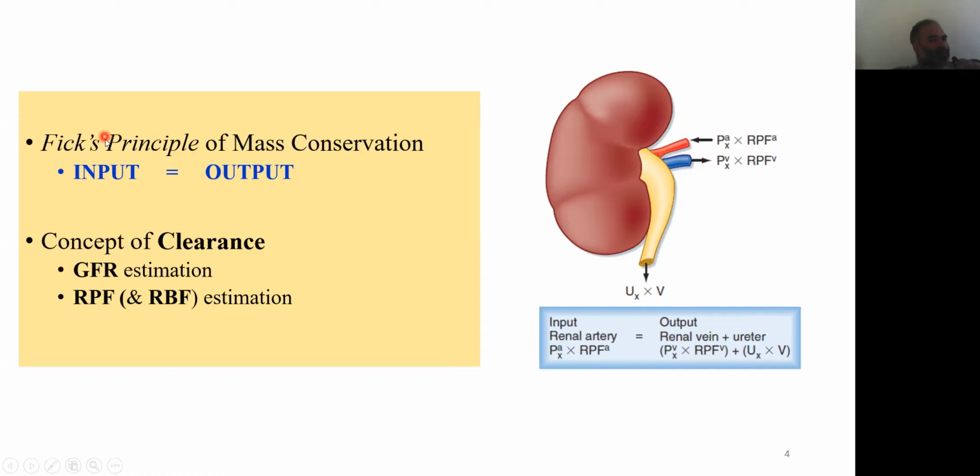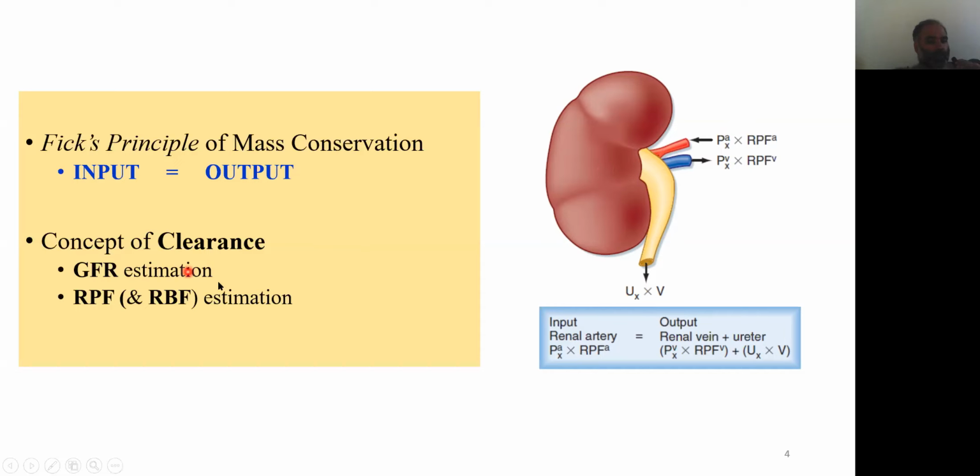So according to Fick's principle, you can calculate GFR, because this substance came in, you know that value, and it came out via one of the two exits. The law of mass conservation says that the stuff that came in and the stuff that came out can reliably be measured. And in this case, we have very cleverly used this phenomenon to estimate the filtration potential of the kidney, i.e., the GFR.